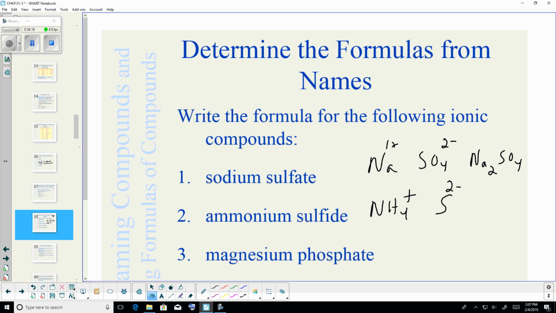So what would the formula be? We're going to crisscross again, right? You got to write NH4. Since there's 2 of them, you got to put it in parentheses, 2S.